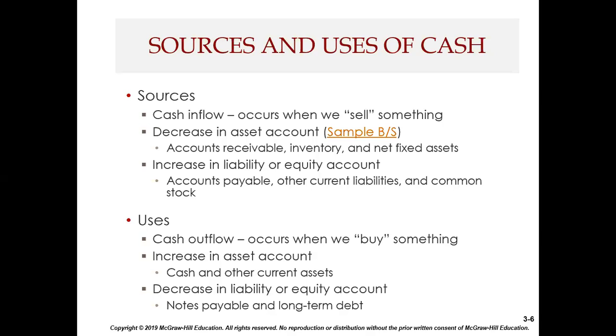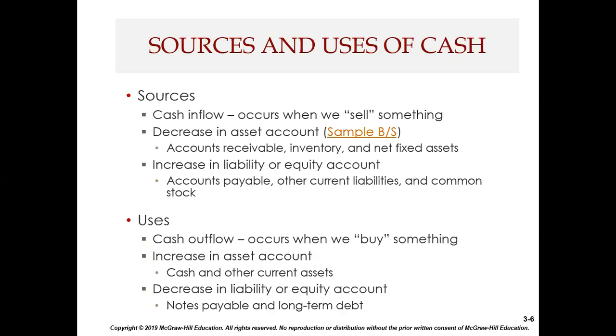So there's more cash. If accounts receivables decreases from the beginning of the year to the end of the year, we collected more in cash net during the year. But if inventory decreases, we bought less. Same with fixed assets. An increase in liability or equity account also signifies more cash in the company.